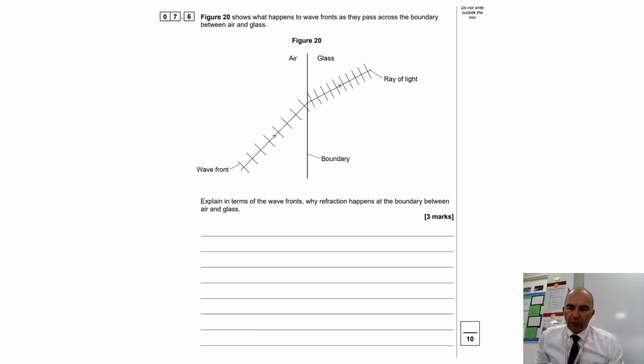Now, 7.6, we've actually got some refraction happening, and figure 20 shows what happens to wavefronts as they pass across the boundary between air and glass.